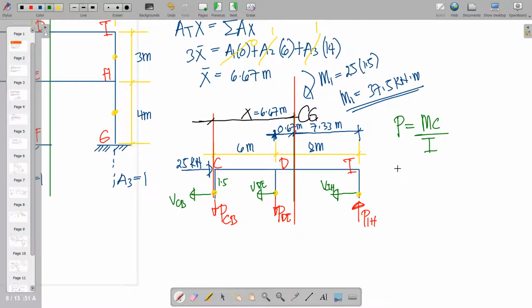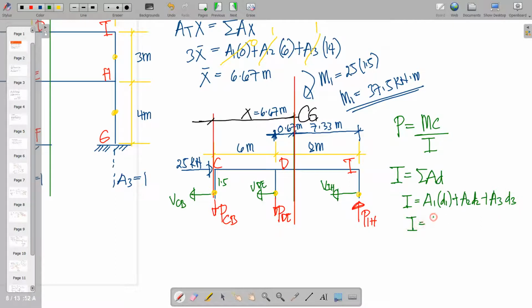I is equal to the summation of area times the distance from the center of gravity squared. So I is area 1 times D1 squared plus area 2 times D2 squared plus area 3 times D3 squared.